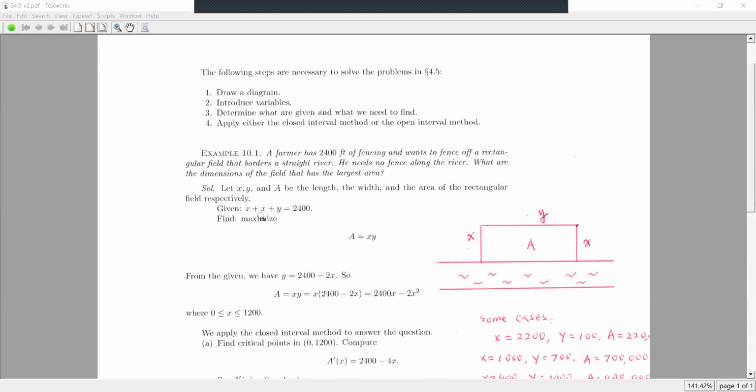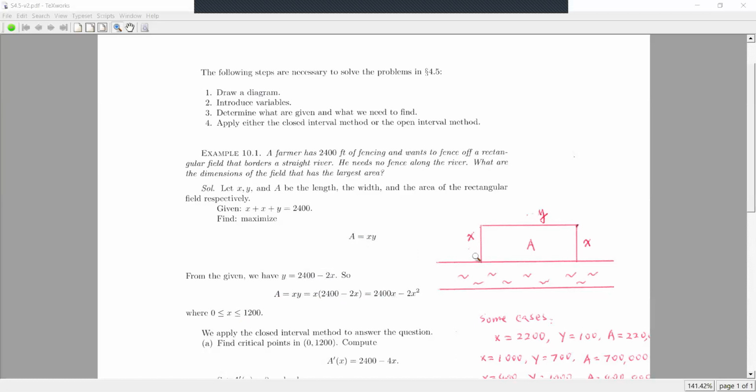From the given, I solve this equation for y, then I get this. Now I plug this equation in the area equation, then I get area is equal to this. So area only depends on x. The range for x is between 0 and 1200. x cannot be negative because x is the width of the field.